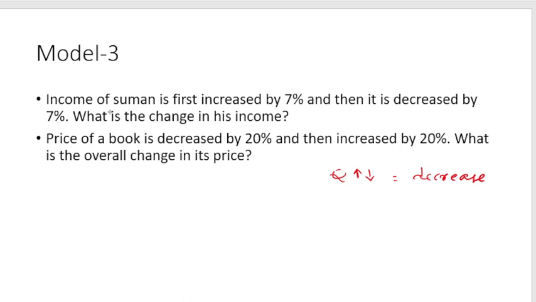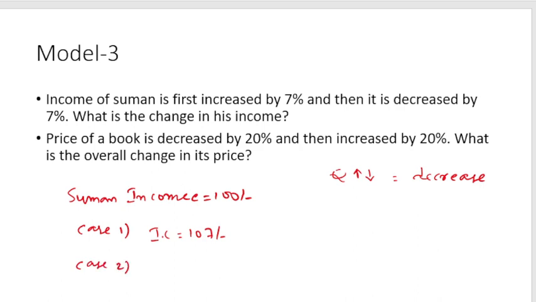First, we don't know Suman's income, so I am assuming Suman's income is 100 rupees originally. Case 1: it is increased by 7 percentage, then this income will become 107 rupees. Now case 2: it is decreased by 7 percentage again.